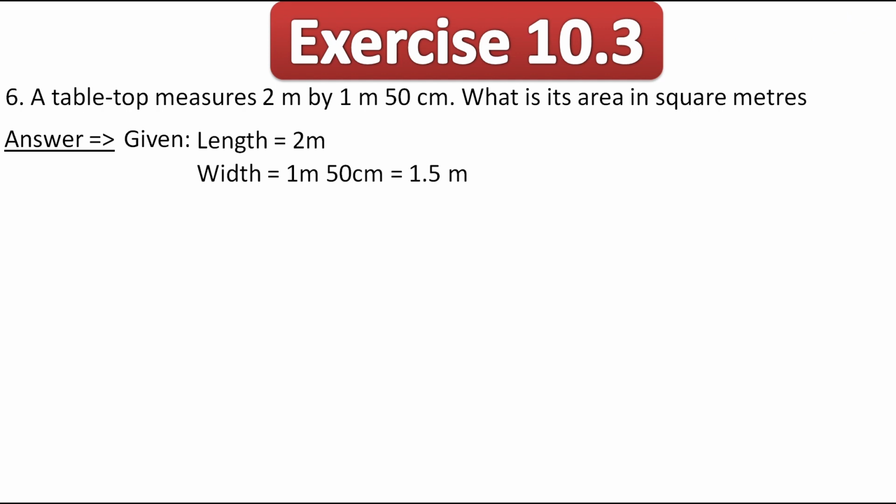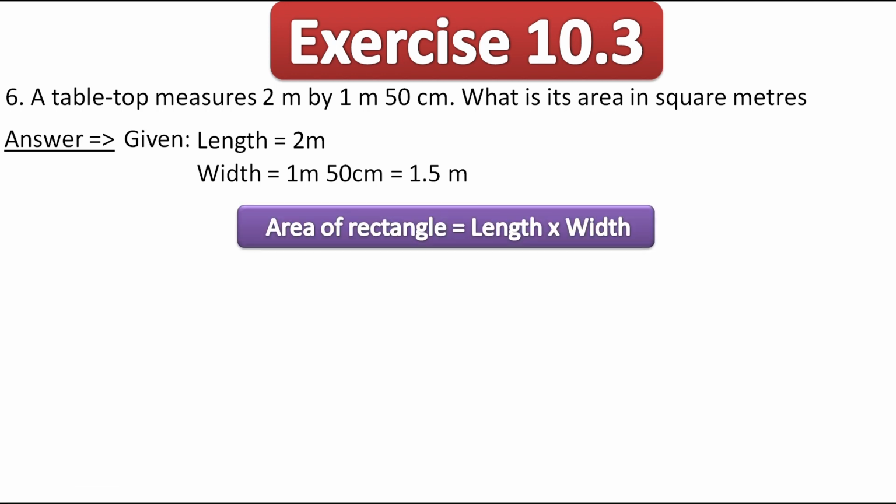Okay, now as we have length and width in meter, we will use this and we will find the area of the tabletop. So area of tabletop is equal to 2 into 1.5. Now as I told you, whenever we have a number with a decimal point and we have to do multiplication, then we have to forget that decimal point and directly multiply.